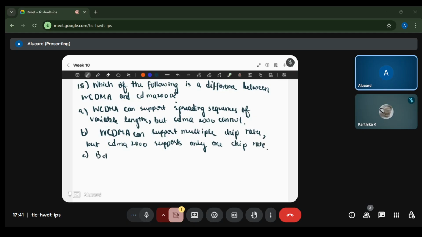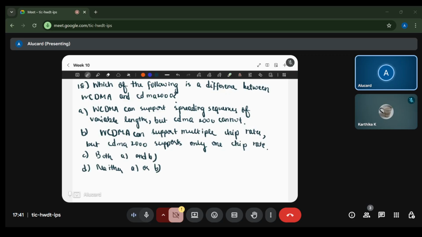C is both A and B. D is neither. Now B is also true. That is also a difference. So in these two ways, WCDMA is better than CDMA 2000.